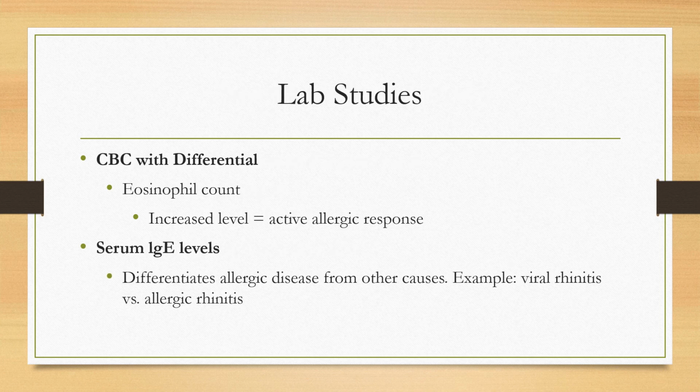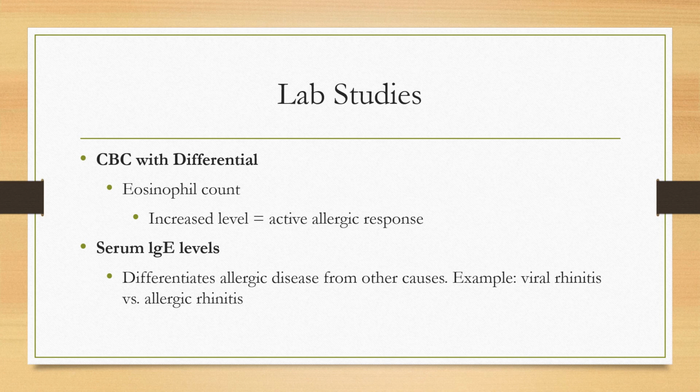So with diagnosis, sometimes comes lab studies. So we will do a CBC with a differential, and we are going to look at the eosinophil count. If this is an increased level, then we know that this has been an active allergic response. We are looking at serum IgE levels. This will differentiate between allergic disease from other causes.